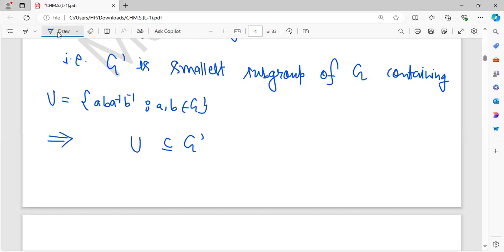But what is G dash? G dash is nothing but E. And what is U? U is nothing but a inverse b inverse.